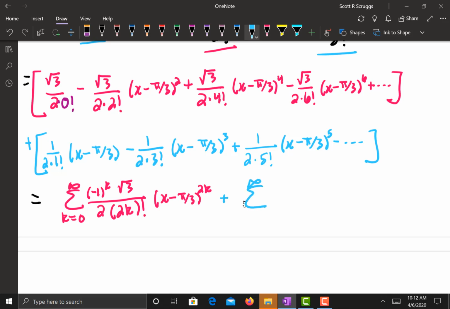plus another series, n equals 0 to infinity of negative 1 to the kth power again to represent that I'm alternating.